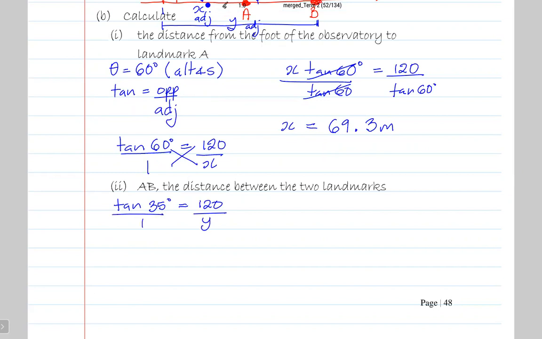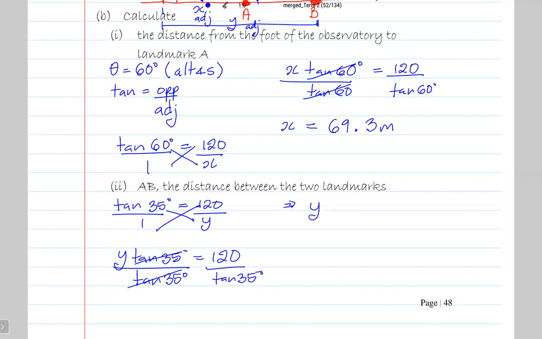If I have one fraction equal to one fraction, I would cross multiply. So this is Y times the tangent of 35 degrees is equal to 1 times 120, which is 120. Then I would divide both sides by the tangent of 35 degrees. So therefore, Y would be equal to 120 divided by the tangent of 35.